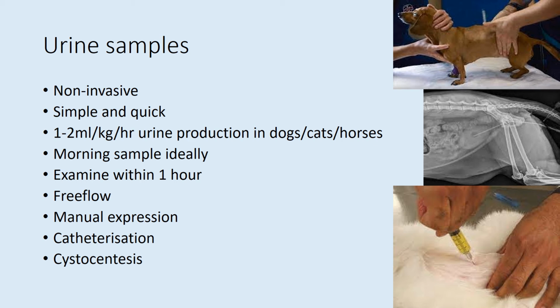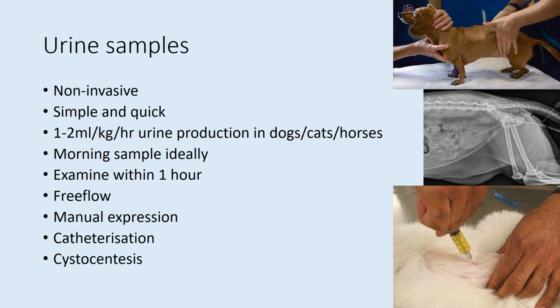So there are a number of ways that we can get the samples: free flow, manual expression, catheterization, and cystocentesis. So with the free flow samples, it is just a midstream collection in a bowl as the dog or cat or horse is mid urination. So this is something that the owners can do at home.